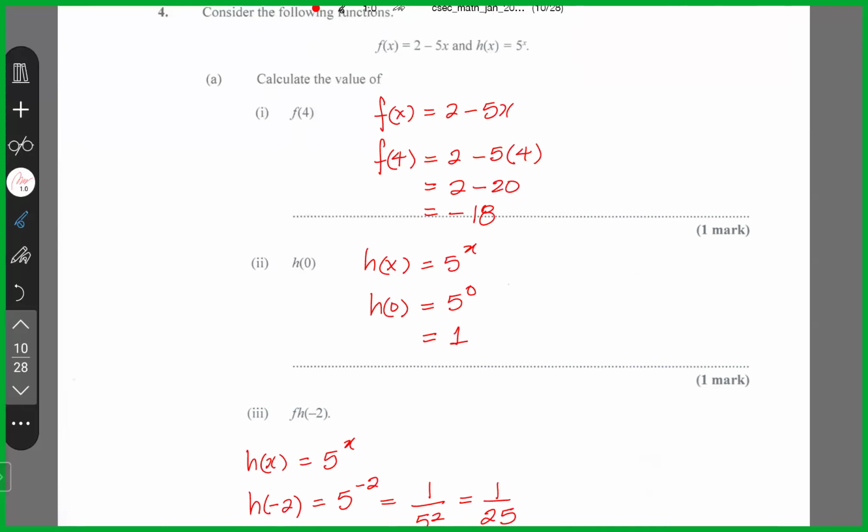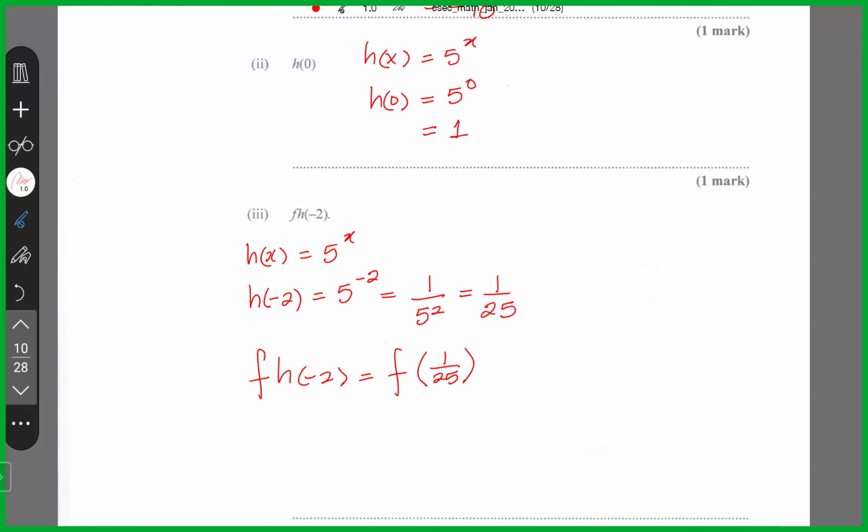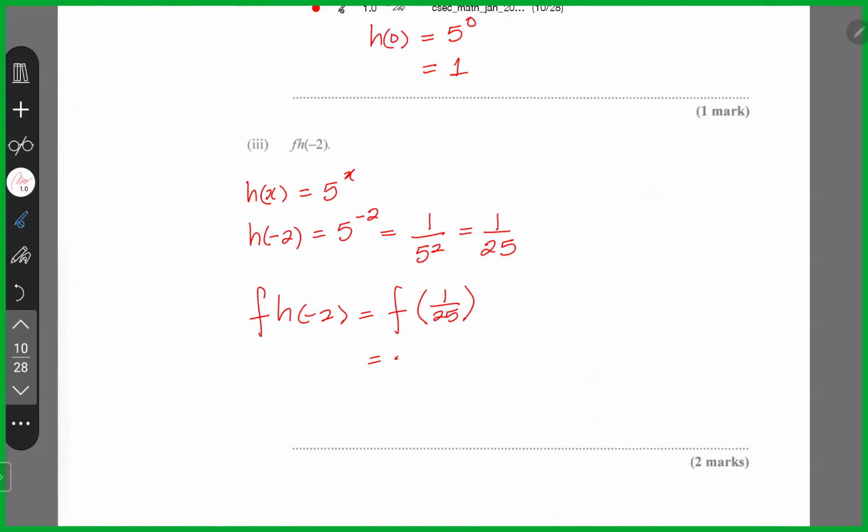Now, f of x is 2 minus 5x. So this is 2 minus 5 times 1 over 25. 5 into 25 is 5. So this is 2 minus 1/5.